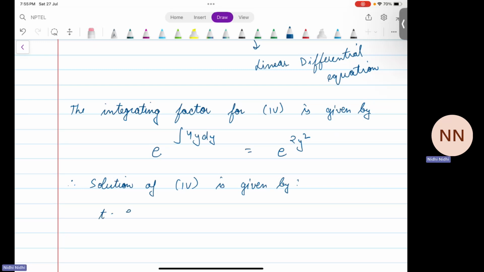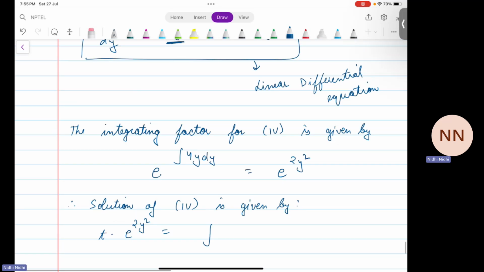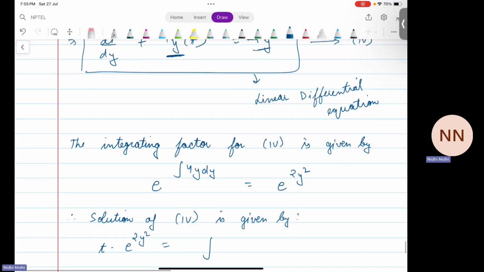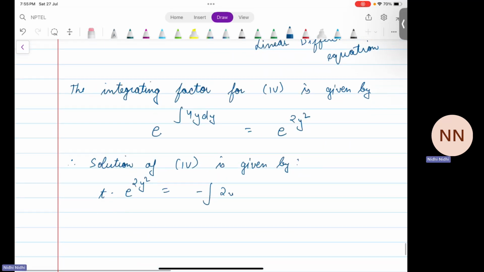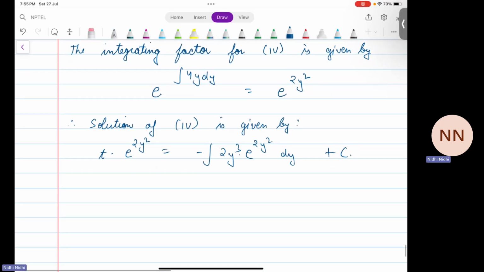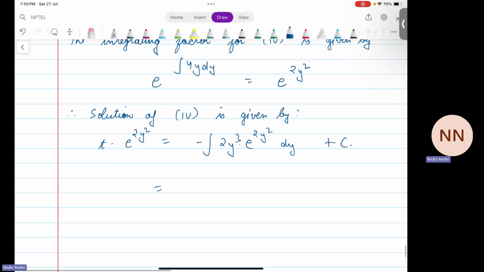t times the integrating factor is equal to the integral of minus 2y cube times the integrating factor dy plus some constant c. Now we'll solve this integral. It can be written as minus 2y square e to the power 2y square times y dy plus c.